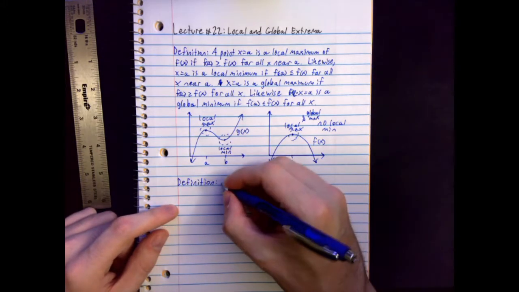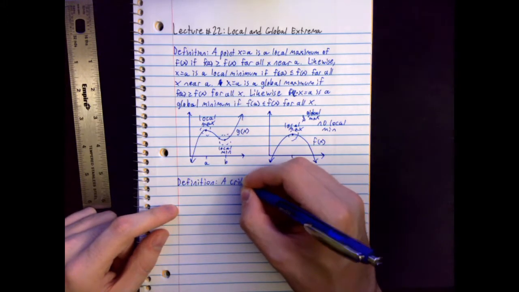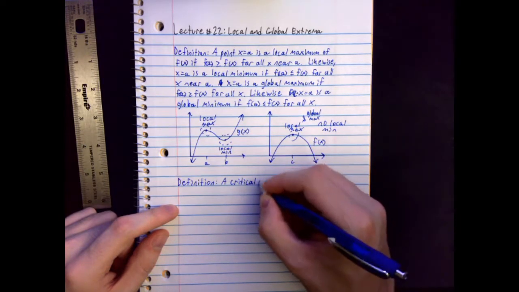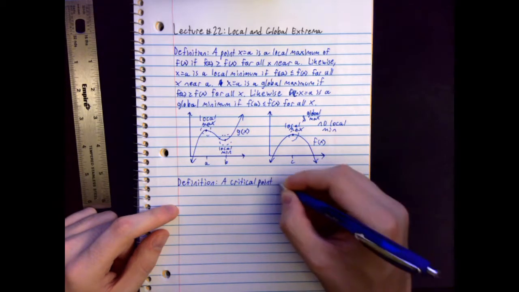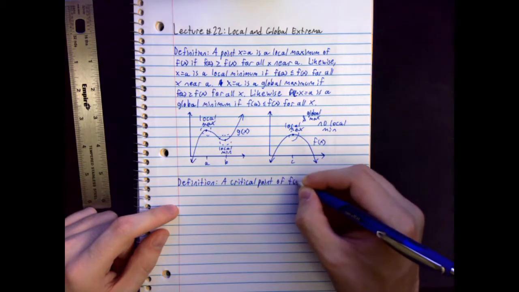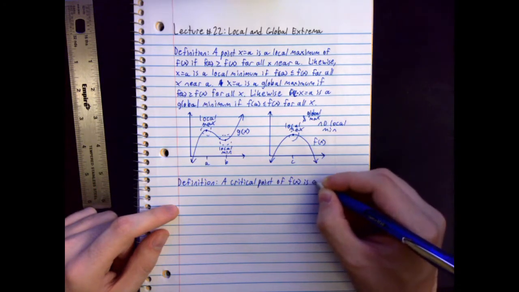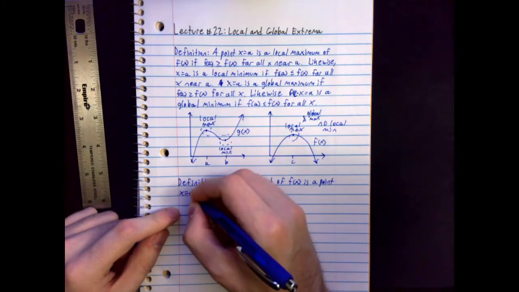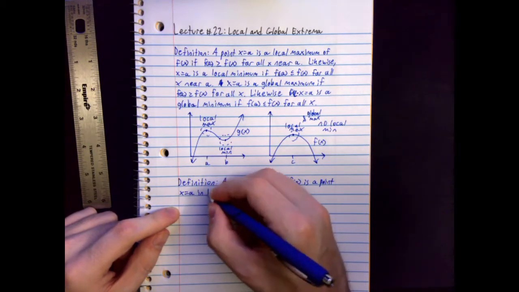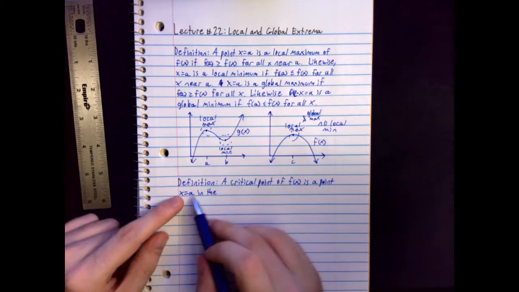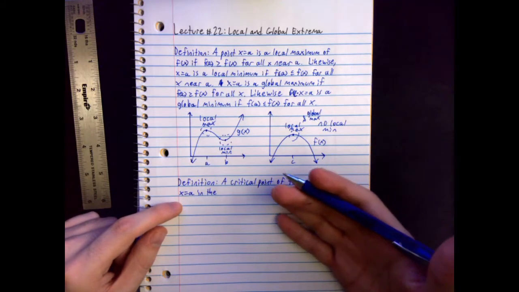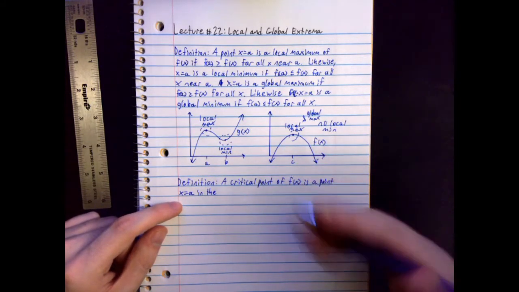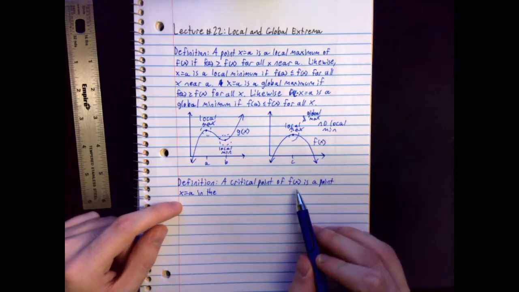So definition, a critical point of f of x is a point x equals a in the domain of f, so it's actually a point that I can plug in and evaluate the function at. If my function is the square root of x, it's not a negative number.